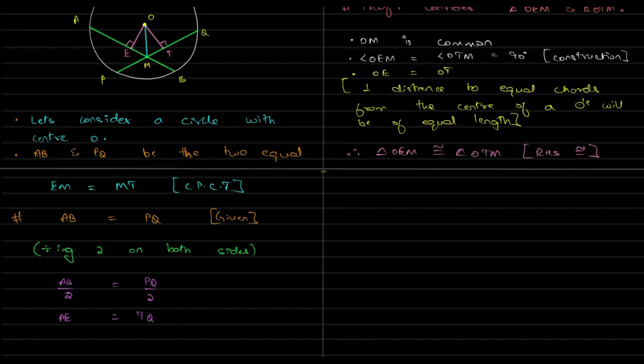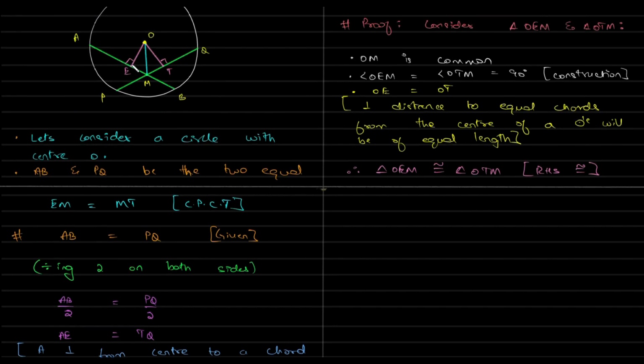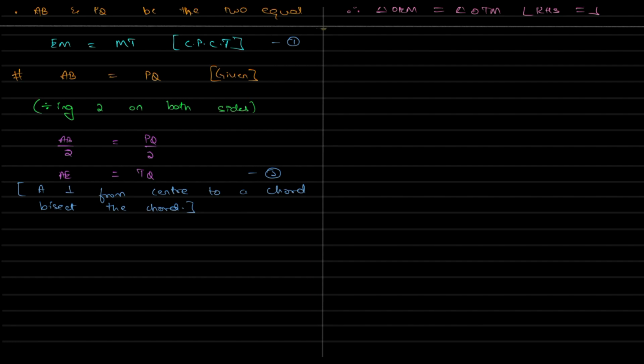Why is that? Because a perpendicular from the center to a chord bisects the chord. Right? So we have AE is equal to TQ. Now if we add equation 1 and 2, what will we get?